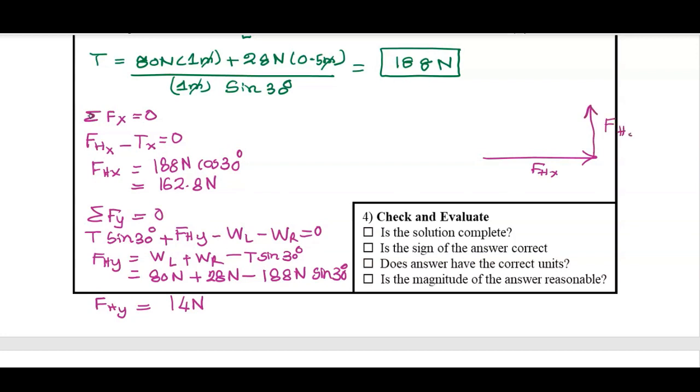And I'm going to make the vector triangle with the x and y components, and I'm going to find the magnitude of the resultant force. Using Pythagorean theorem, so I just have to take the square of the x component, then square of the y component, add them together, and then take the square root of it. So this is the hinge force.